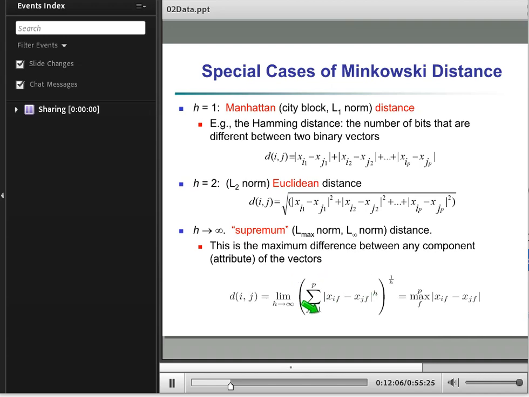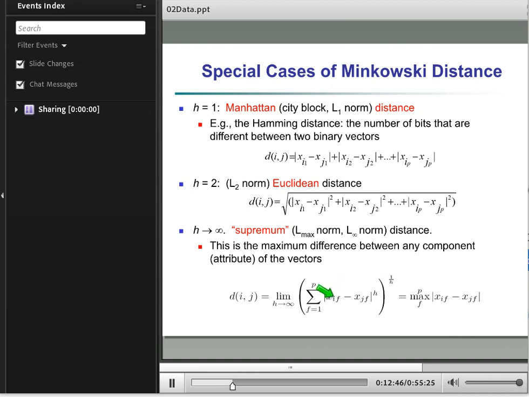d of i and j is equal to the limit of this equation when h is going toward infinity. It's equal to the maximum of the differences between values of one attribute. Here we are calculating the differences between values of different attributes.